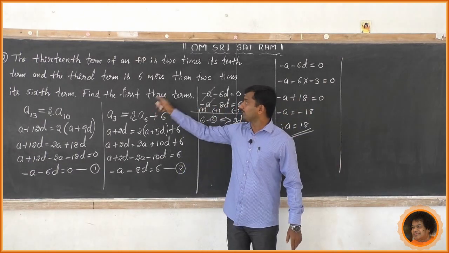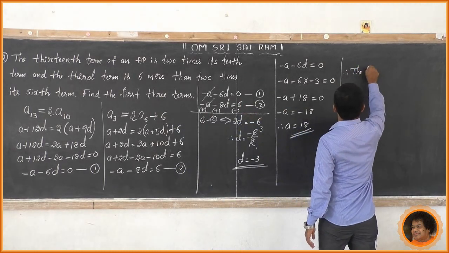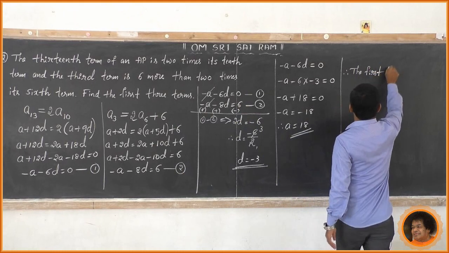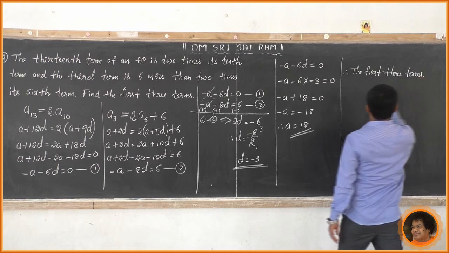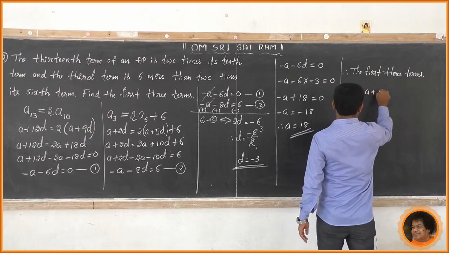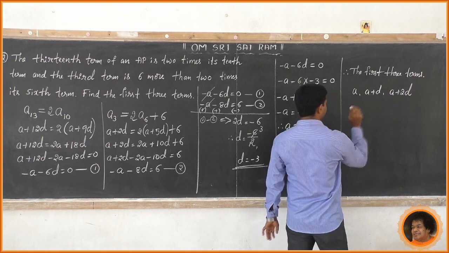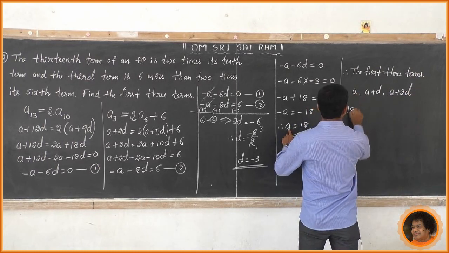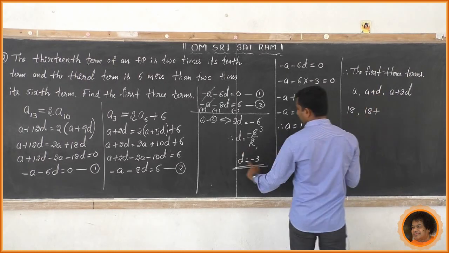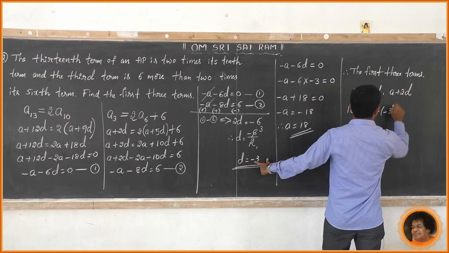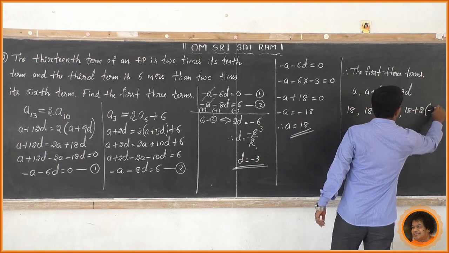So the question: find the first three terms. Therefore the first three terms are A, A plus D, A plus 2D. So A value 18, then A plus D is 18 plus D value minus 3, and A plus 2D is 18 plus 2 into minus 3.